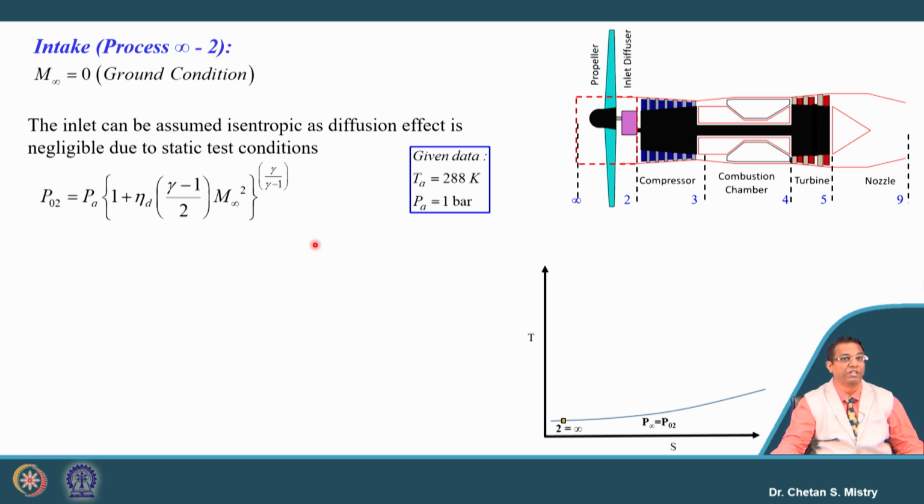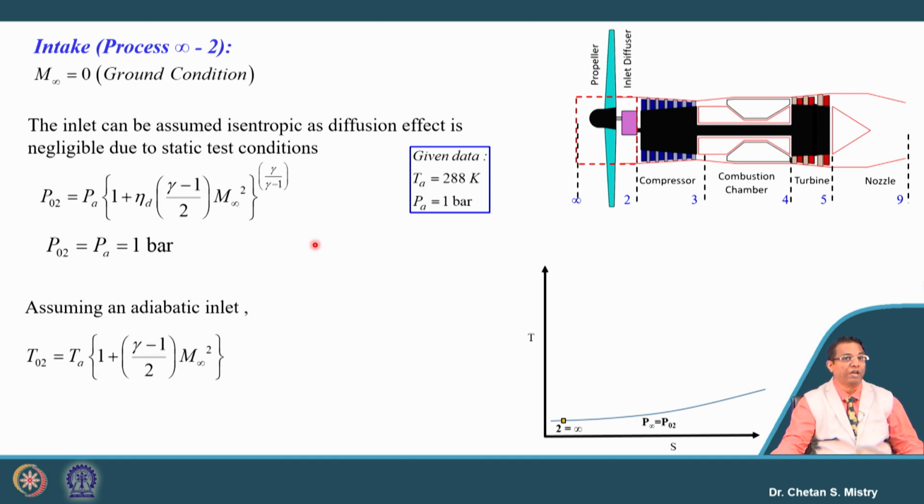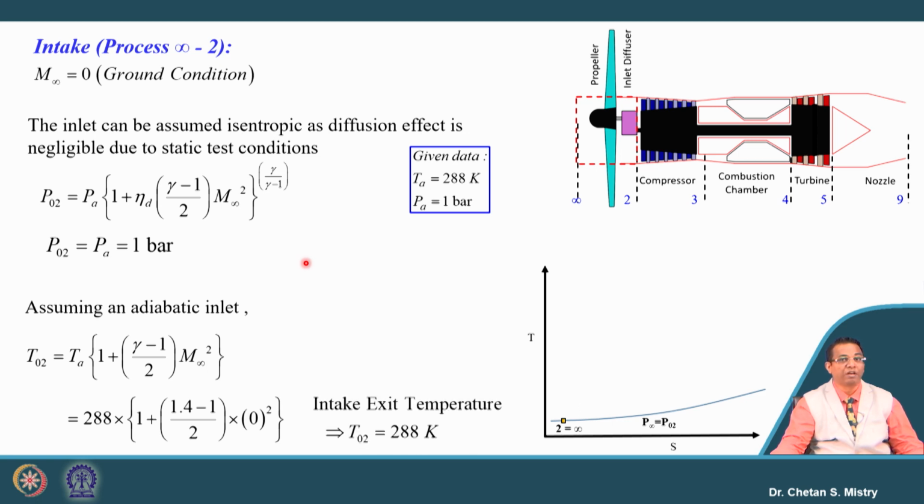The efficiency value is not given, so we can safely assume 100% at this moment. Similarly we can calculate the exit temperature, which comes to 288 Kelvin. Remember, you can assume the efficiency of the diffuser or intake, but make a note that you have assumed this number. If it is not given, just go straight with 100% efficiency.